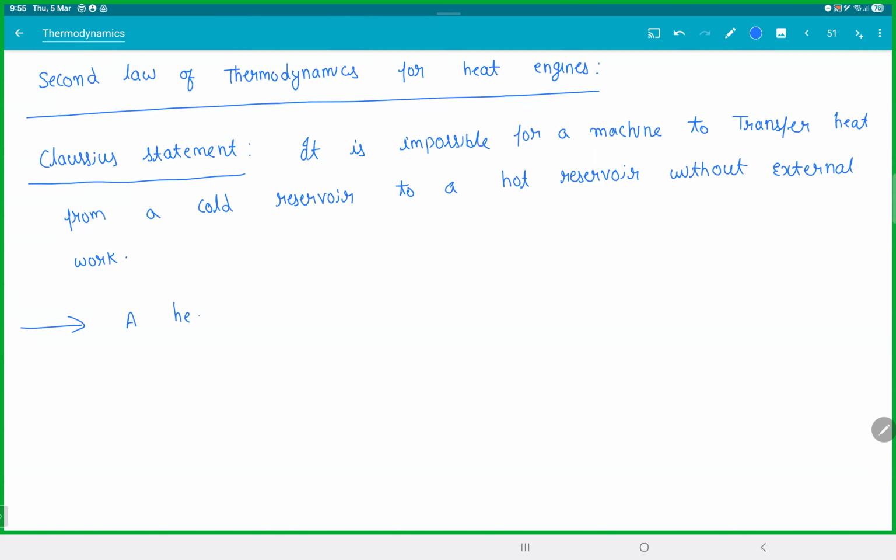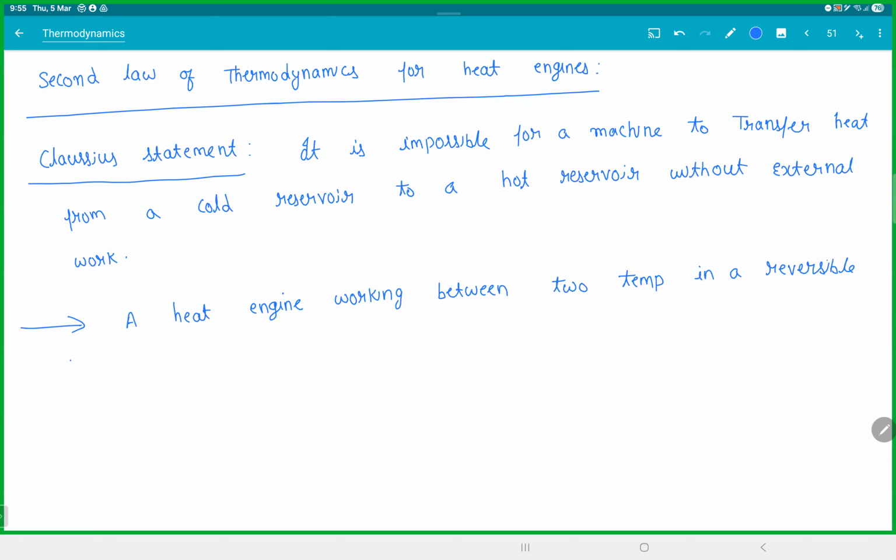Next thing, a heat engine. So the variation of this, working between two temperatures. And like I said, in physics, all processes we take as reversible only. Because if it is irreversible, pressure and temperature will not be defined till it reaches a steady state.